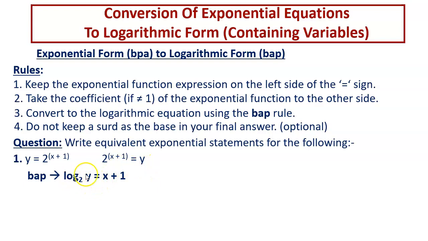So it is log of y to the base 2 equal to the power becomes the product or the result. This is the only one that is remaining, so it has to come to the opposite side of the equal to sign. So this is log of y to the base 2 equal to x plus 1, which is the corresponding logarithmic equation or logarithmic version of this exponential equation y equal to 2 raised to the power of x plus 1.